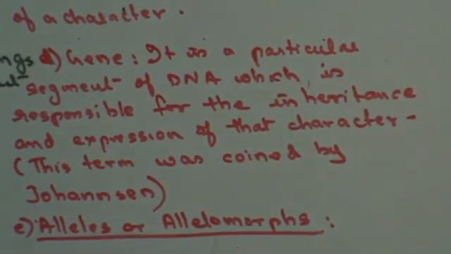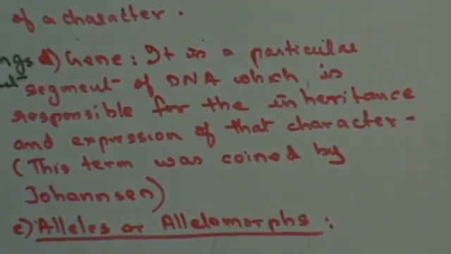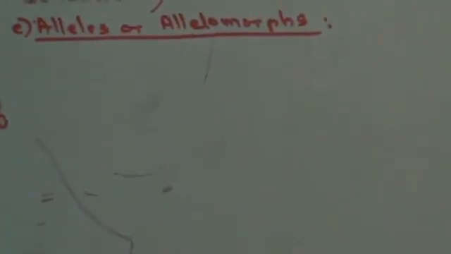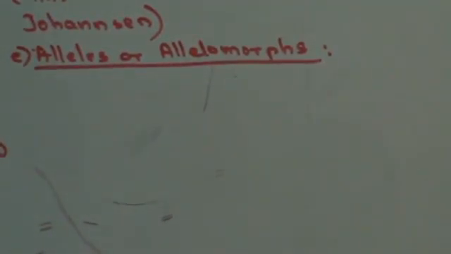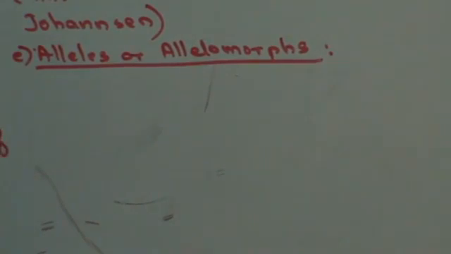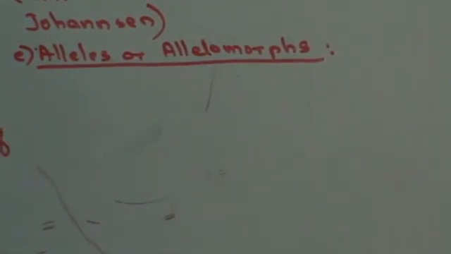That means if there is some genetic character that would make me tall, then its alternative would be a genetic character that would make me short. So these are called alleles of each other. If there is a gene that would give me fair complexion, there would be a gene that would give me dark complexion. Then that would be called alleles of each other, right? They occupy identical location in a homologous chromosome, right?